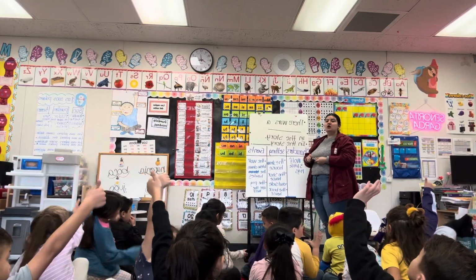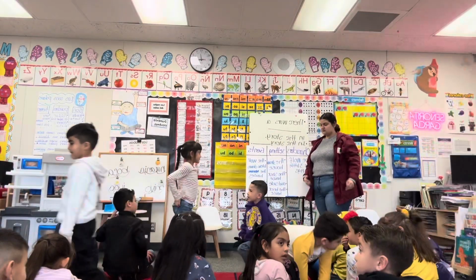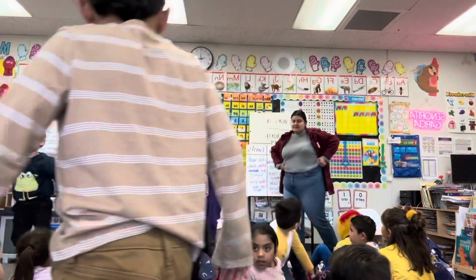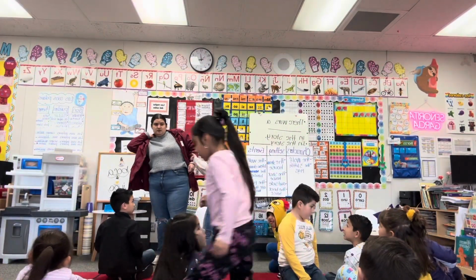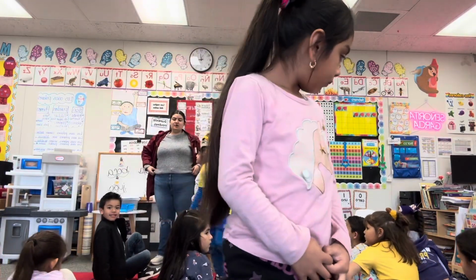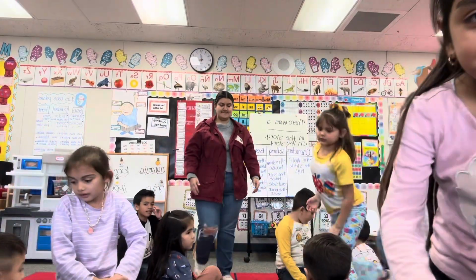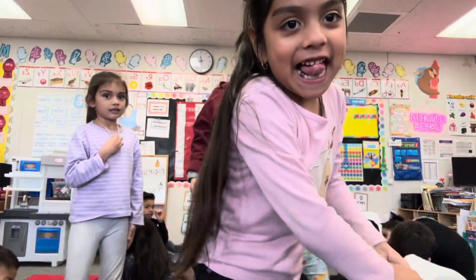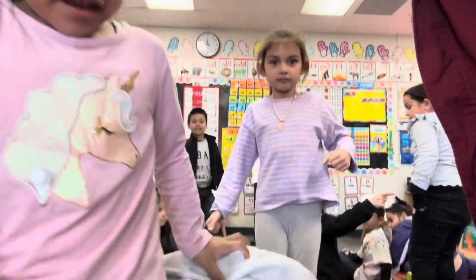Okay. So, green table, go to your seats. If you're not green table, sit down. Okay, pink table, go sit down. Blue table, go sit down.